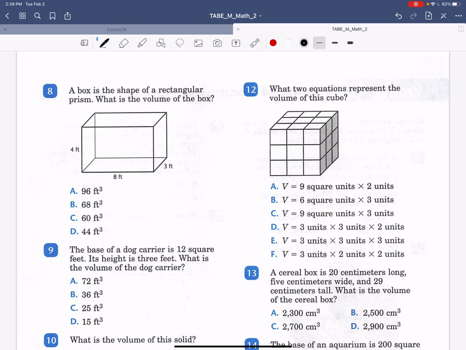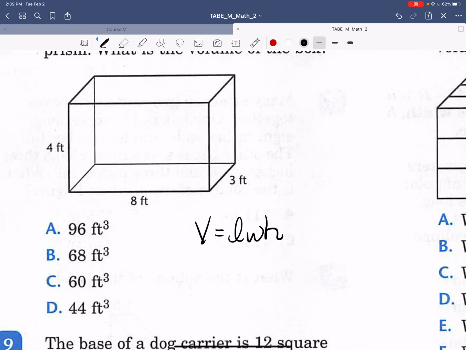Okay, number 8. A box is the shape of a rectangular prism. What is the volume of this box? First thing you want to check is your units. Now, I'm not going to draw a variable box here because I can see it, but I do need to check that all of them are in the same units, and they are. So that's a good thing.